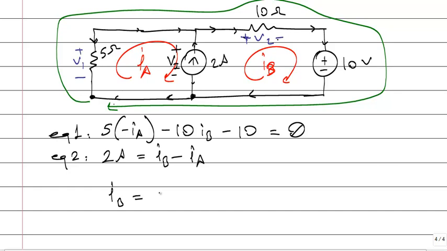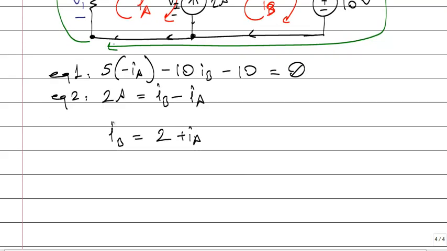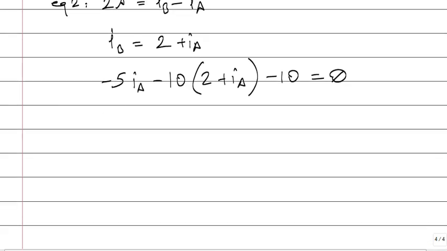IB is equal to, rewriting equation 2, 2 plus IA, and insert IB in equation 1. Minus 5 IA minus 10 IB, IB is 2 plus IA, minus 10 is equal to 0.